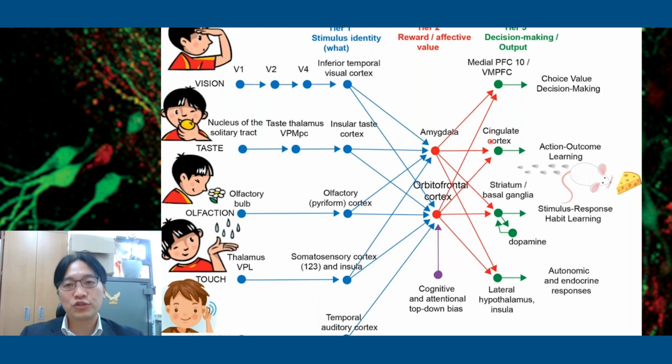Approach toward the apple, or run away from the cat? So we have to make a decision, and then we decide to do a behavior based on that, or an autonomic neuroendocrine response. So to understand the brain or understand a neuron, we should be aware of this multifunctional, multidimensional aspect of neuroscience.